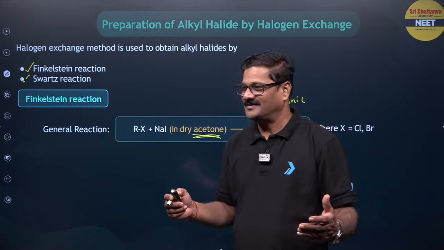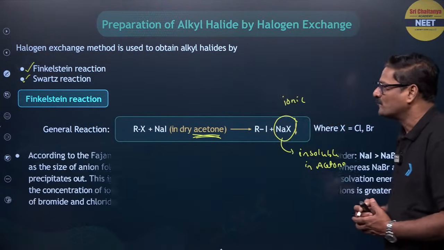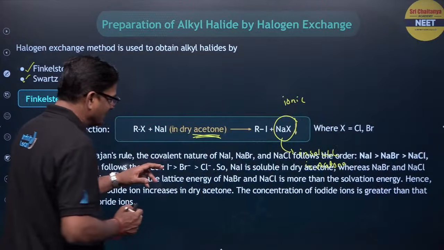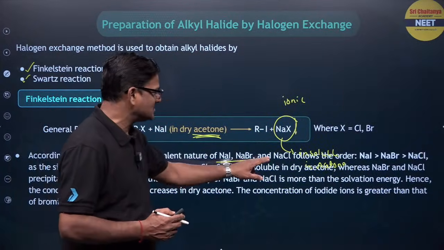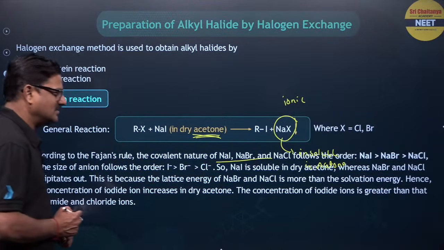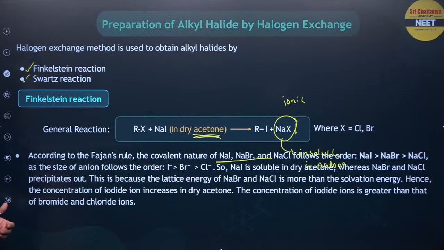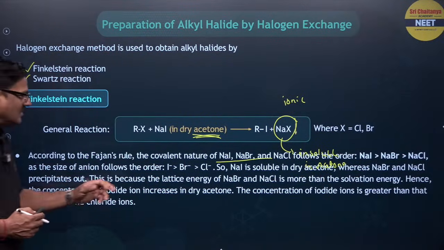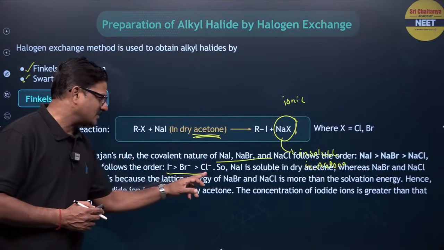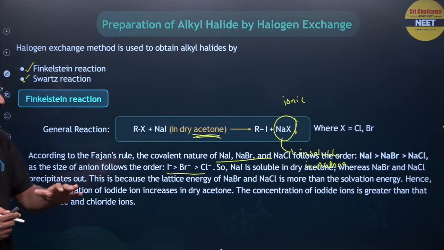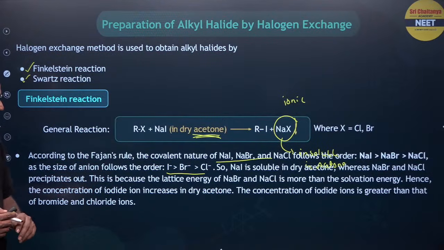So let us continue. According to Fajan's rule, the covalent nature of NaI, NaBr, NaCl follows the order NaI is greater than NaBr is greater than NaCl. The size of the anion follows the order I minus, Br minus, Cl minus. So NaI is soluble in dry acetone while NaBr and NaCl are not soluble.